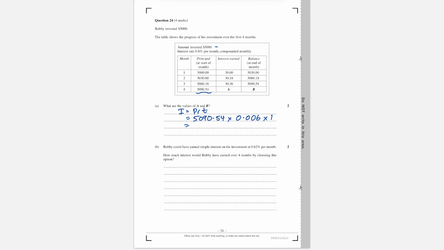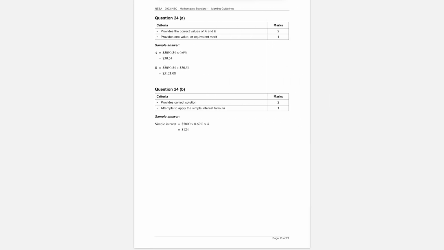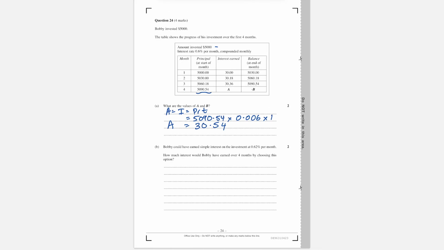So just putting that in our calculator, 5090.54 times 0.006. So the value of A is going to be 30.54. Let's check that. Yep, 30.54.